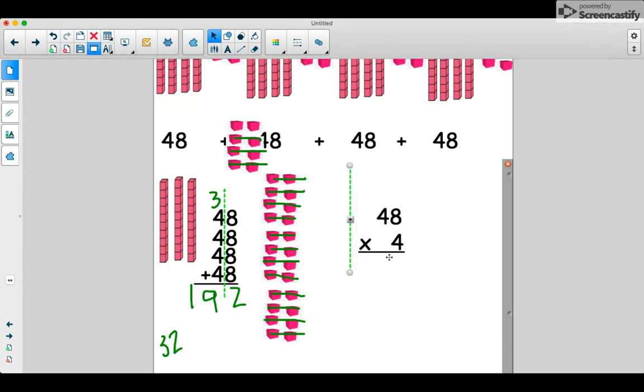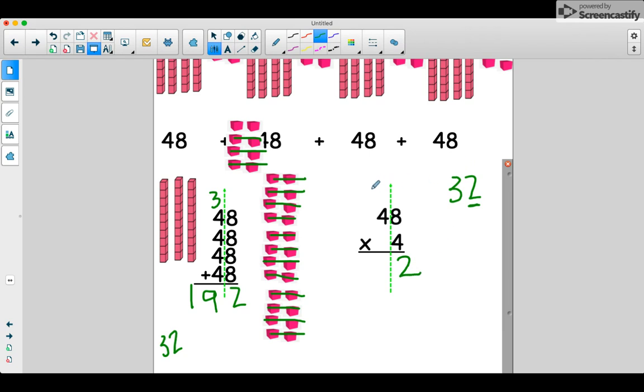I'm still going to think of my place value columns, but I'm going to start with 4 times 8. And I know 4 times 8, because I just figured it out, or I could use a multiplication chart, is 32. So I think to myself, well, the 2 is in my ones column, so it needs to go down on my ones column. And that 3 isn't really a 3, it's a 30, so it needs to be in my tens column.